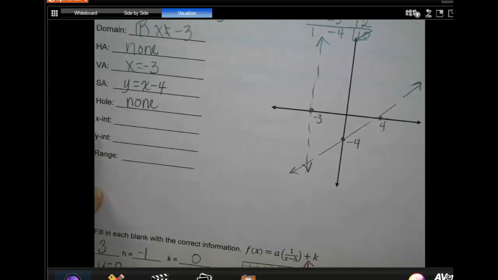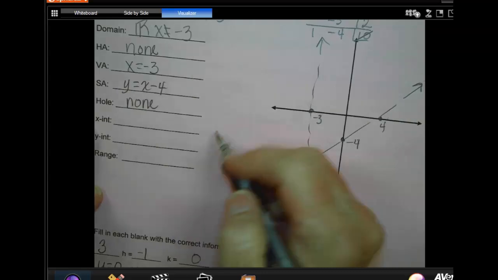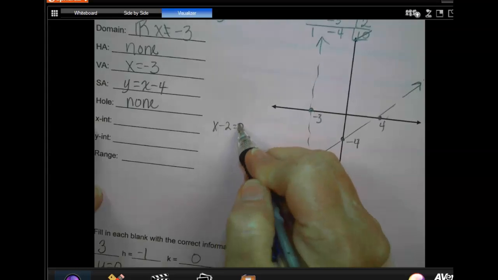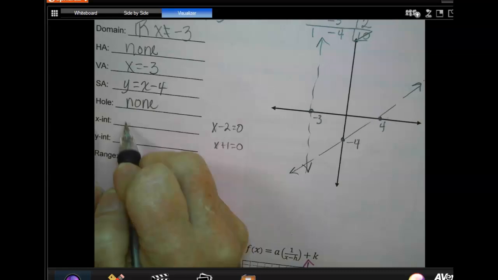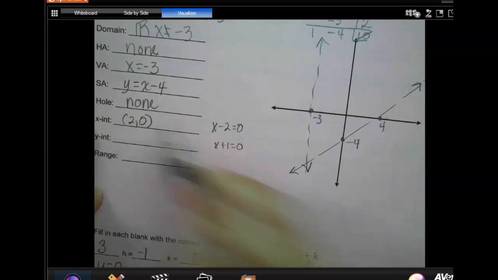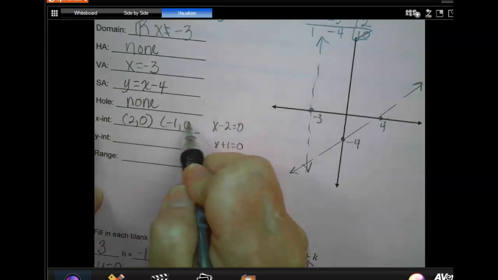So where does the x-intercept come from? It comes from the top. So I get x minus 2 equal to 0 and x plus 1 equal to 0. So I get x-intercepts of (2, 0) and (-1, 0).